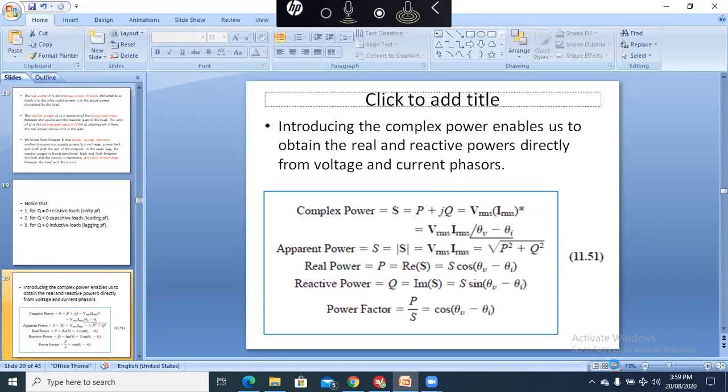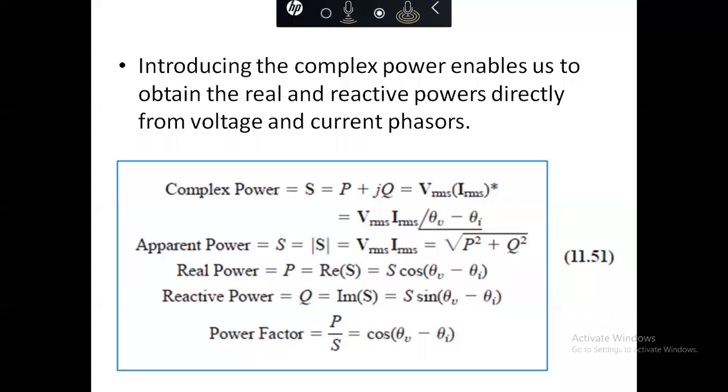So here we see the difference between the complex power and the apparent power. The complex power is in fact the representation of the power in the complex form, right?